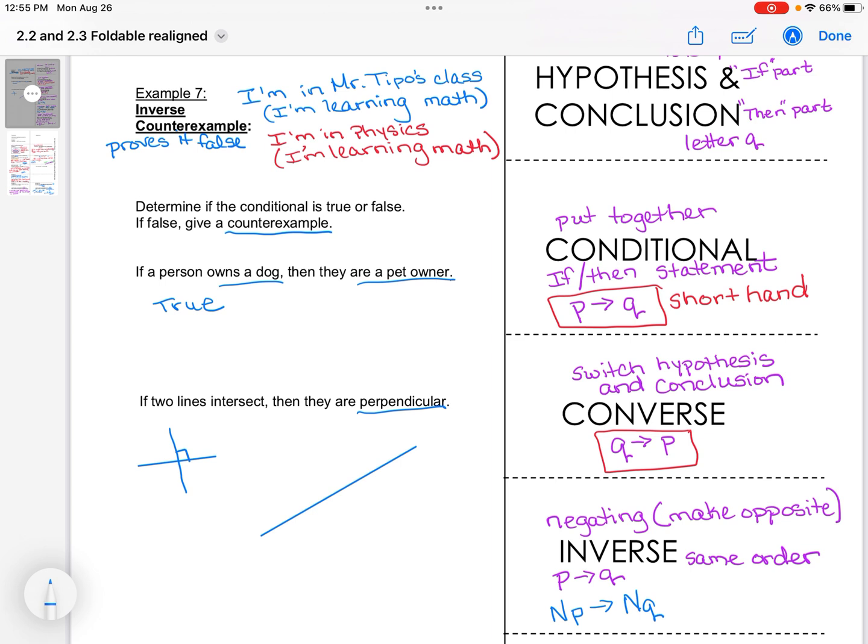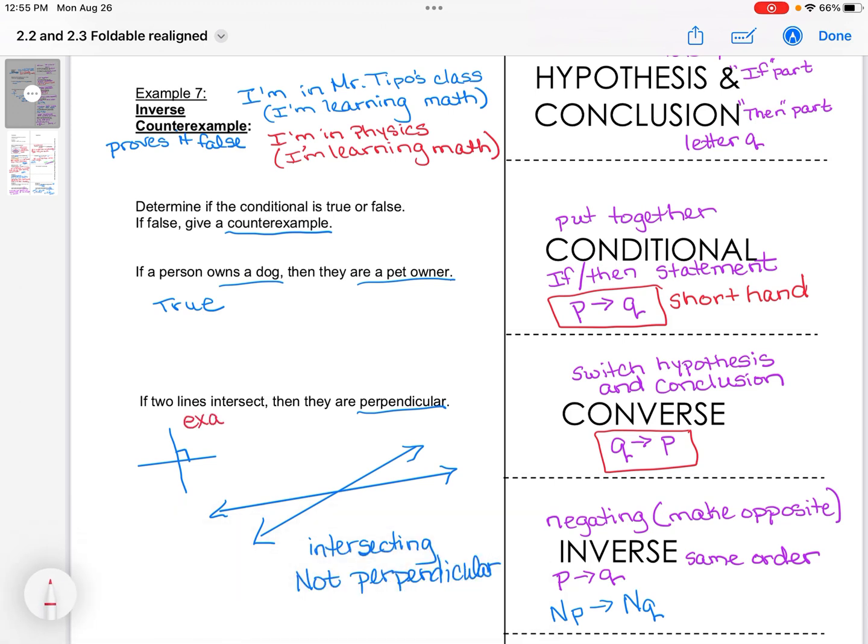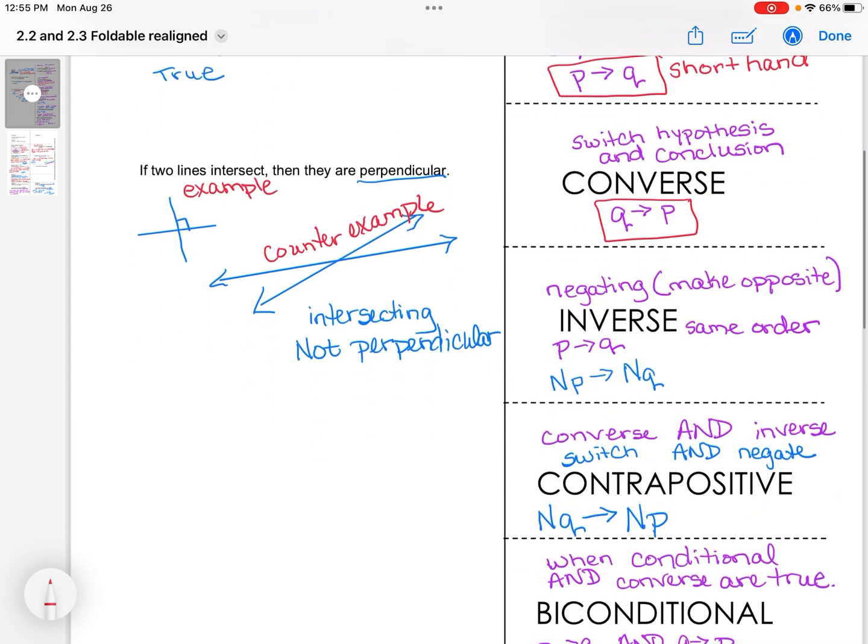But what if I drew my lines like this? They still intersect. Not perpendicular. Okay, so this would be my counterexample. Alrighty, there you go.